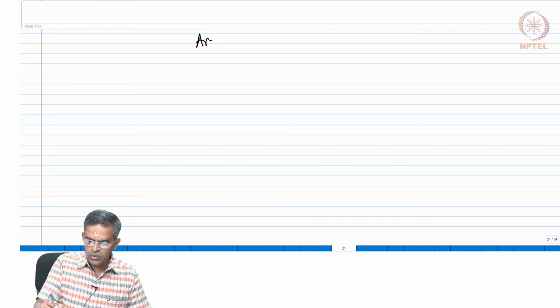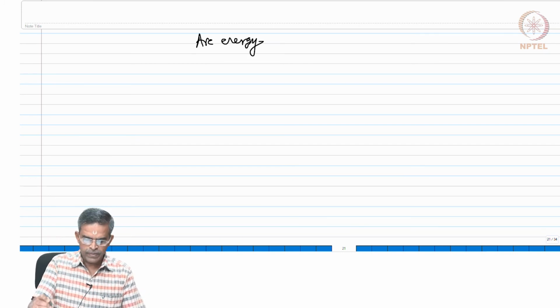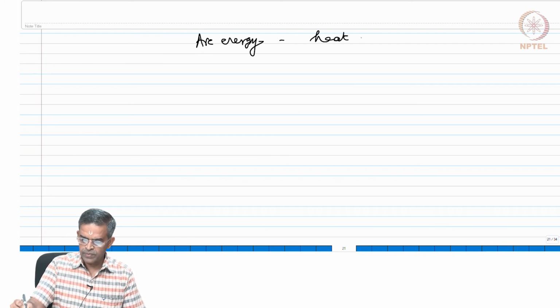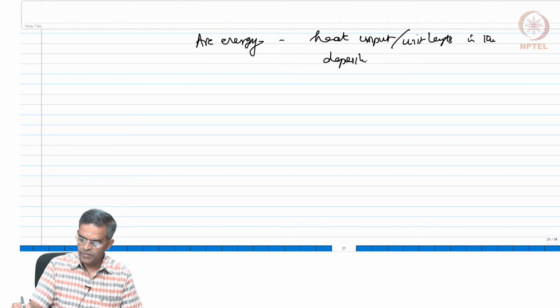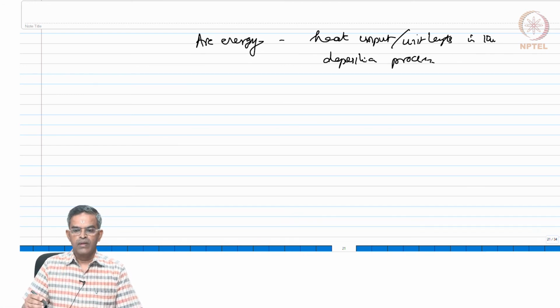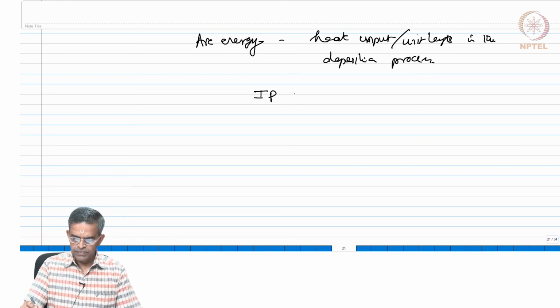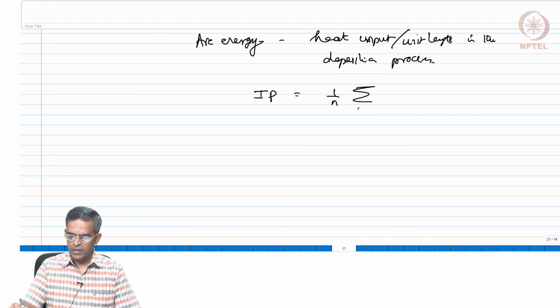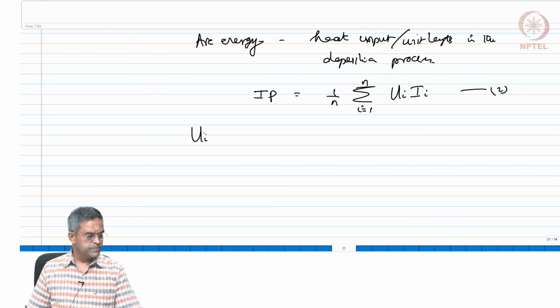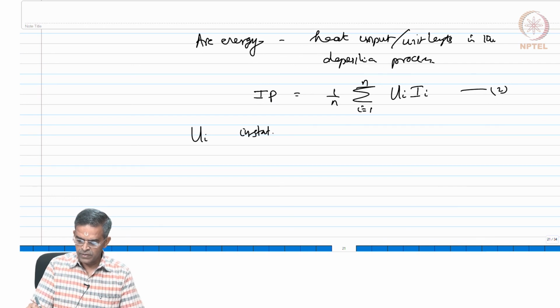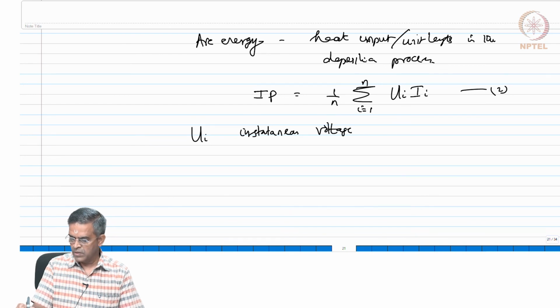The arc energy being used for manufacturing, or otherwise the heat input required per unit length of the wire in the deposition process, is given by this equation: the heat input is 1 by n of the summation of i equals 1 to n, U_i and I_i, where U_i is the instantaneous voltage and I_i is the instantaneous current.